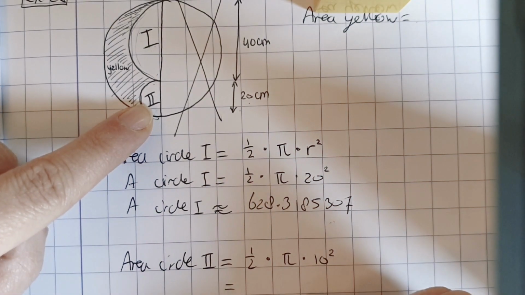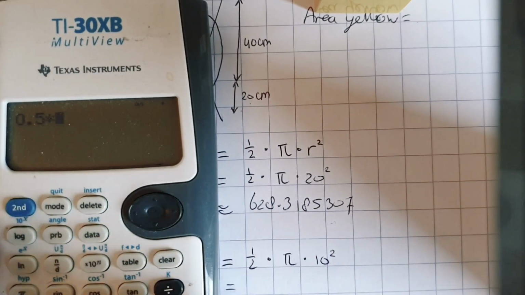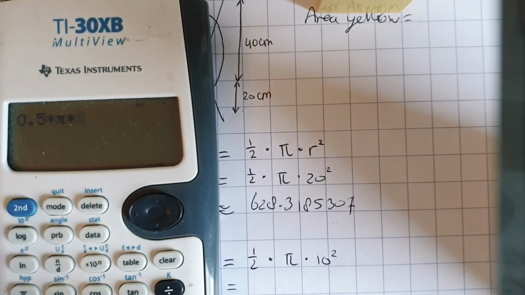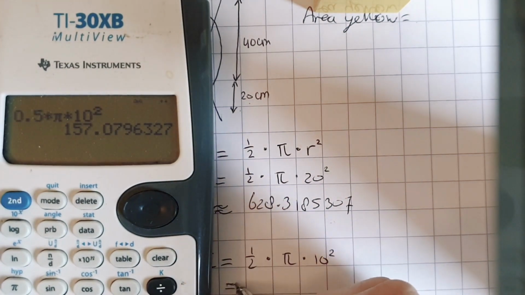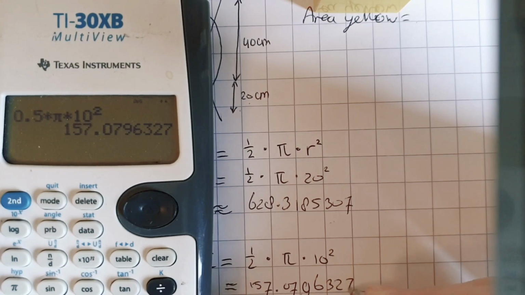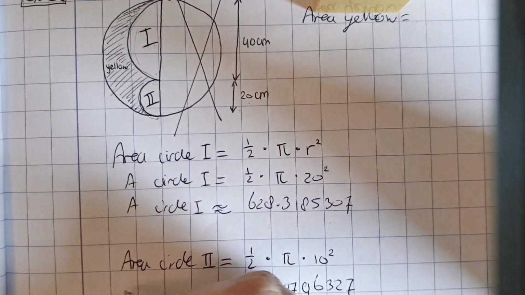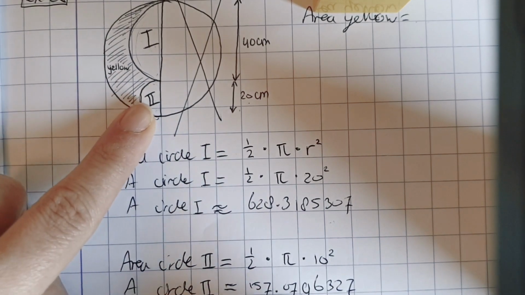Now I'm going to calculate it, so that's a half times pi times 10 squared, which is 157.07963327. Okay, so this is the area of circle 2 in my picture.